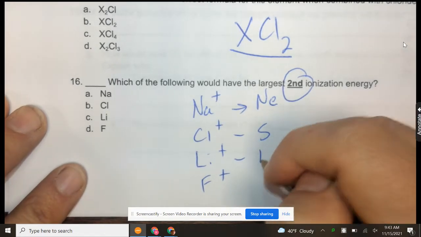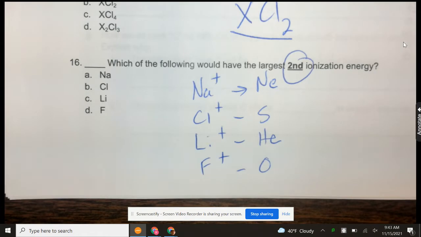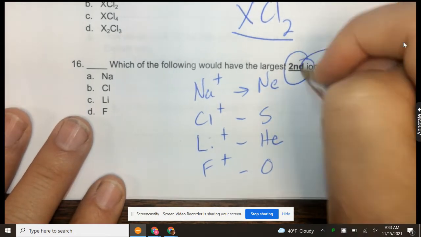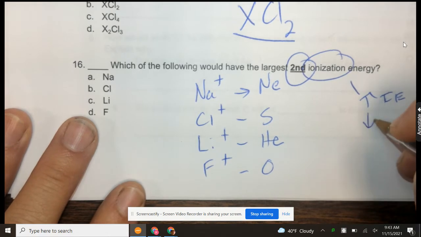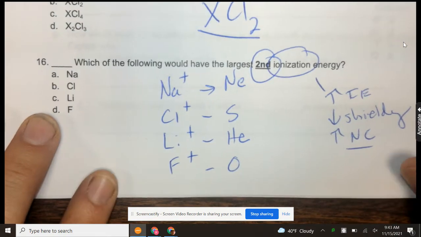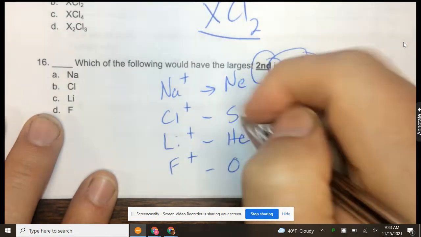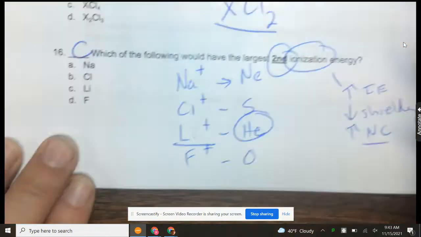Lithium plus loses an electron, isoelectronic with helium, and then oxygen. So if I want the highest ionization energy, I want the substance with the least amount of shielding and the highest nuclear charge for its row. The one with the least amount of shielding here is, of course, helium. So lithium plus would have the highest second ionization.